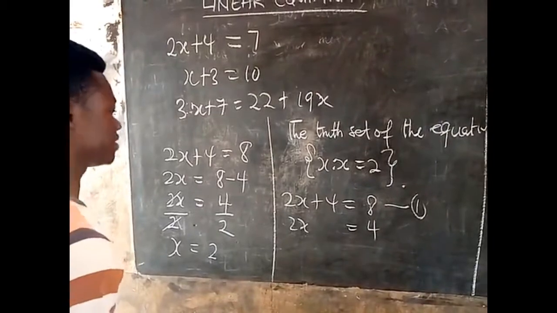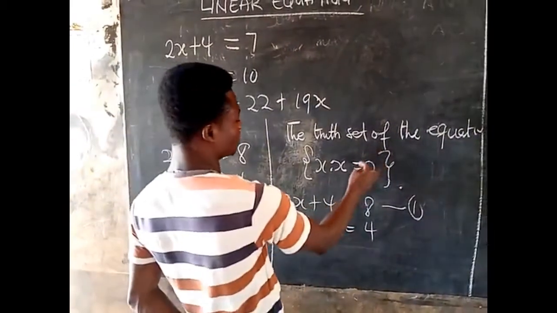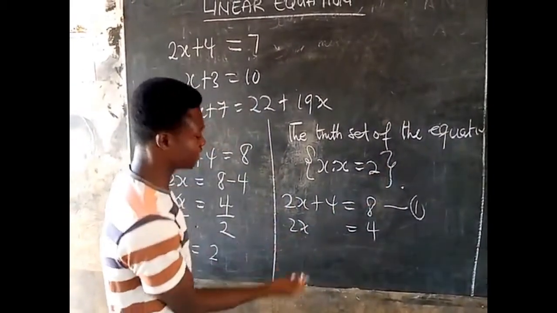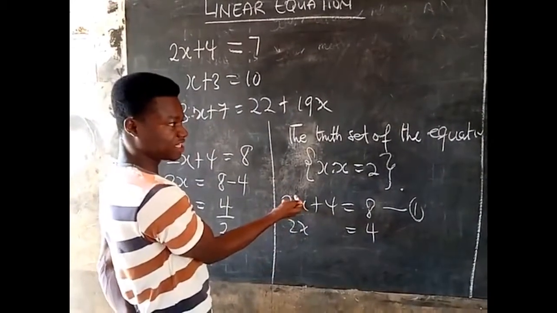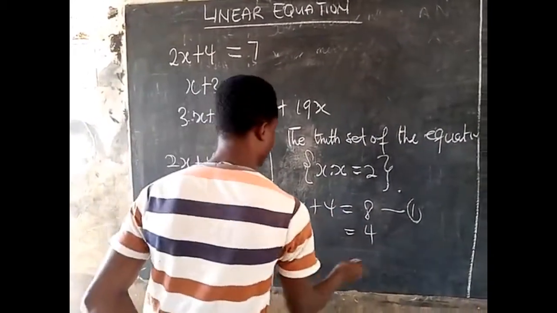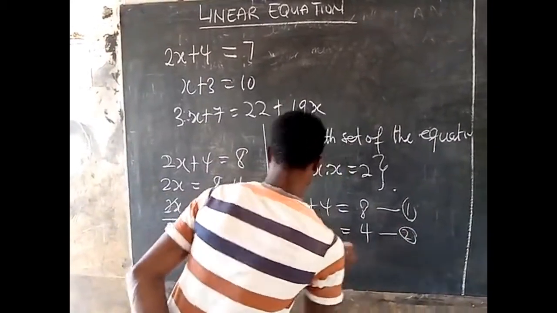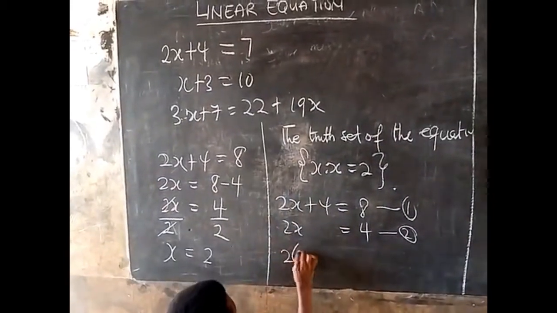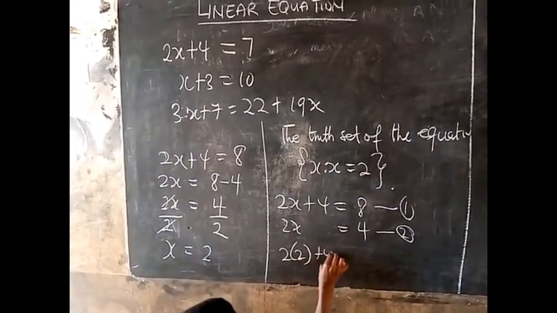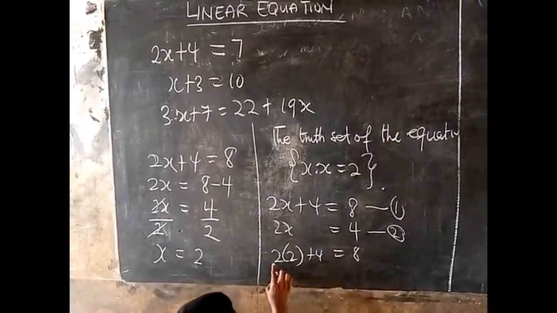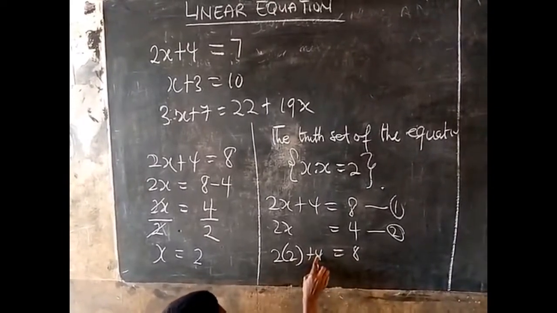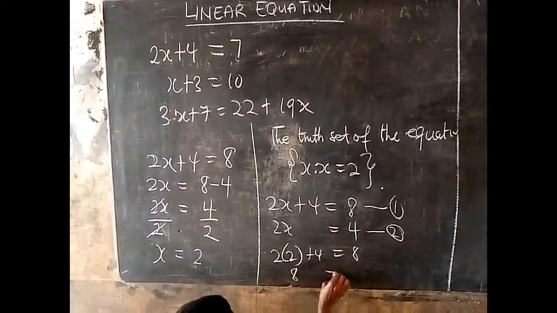Let's look at something. If the truth set is 2, it means it will satisfy the equation if you put it in the equation. So let's put 2 in the first equation. We have 2 times 2 plus 4 is equal to 8. 2 times 2 gives us 4, 4 plus 4 gives us 8, and 8 is equal to 8.